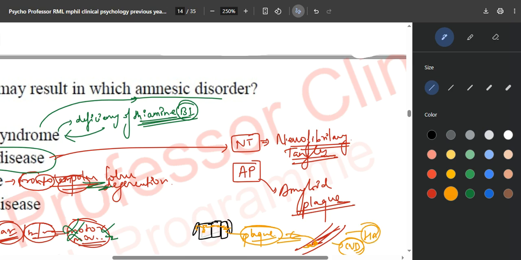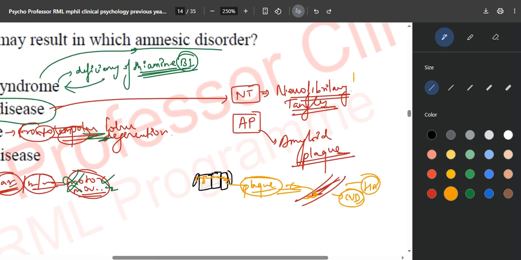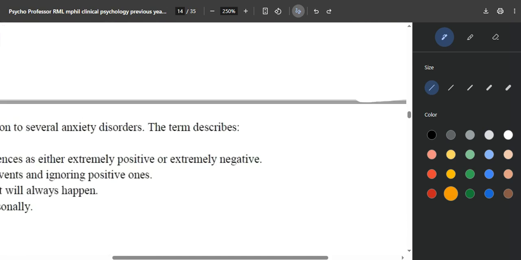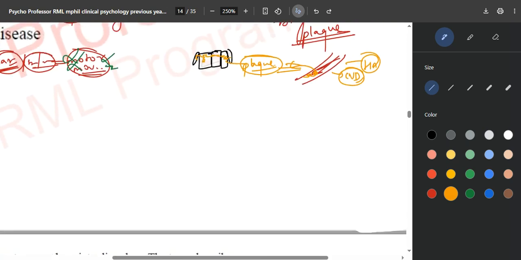Now this same plaque is getting deposited where? In your brain. This is getting deposited in your brain. And what does your brain contain? It contains n number of neurons.